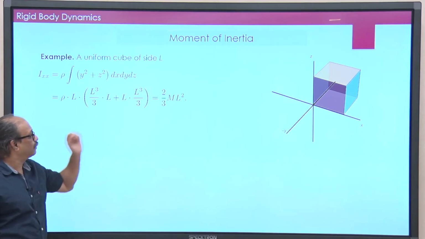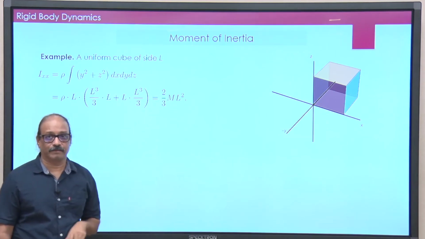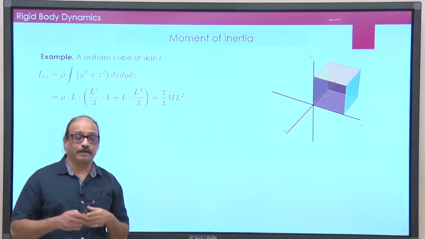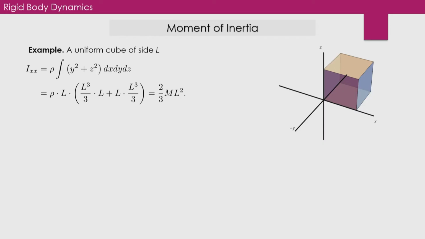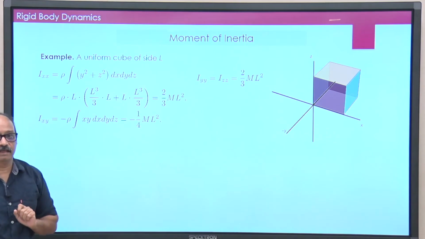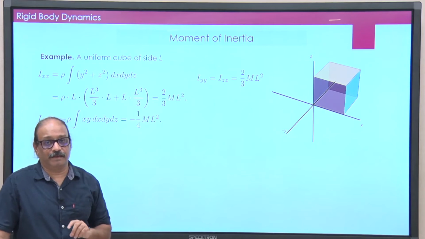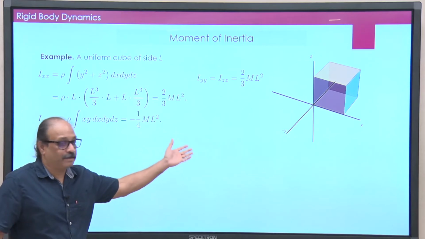And if you do this calculation, it comes to 2 by 3 ML square. What about the off diagonal element? Off diagonal element will be I_xy, again the same integral with minus sign, xy dx dy dz. Only difference between the last example and this example are the integration limits, because the cube is shifted.